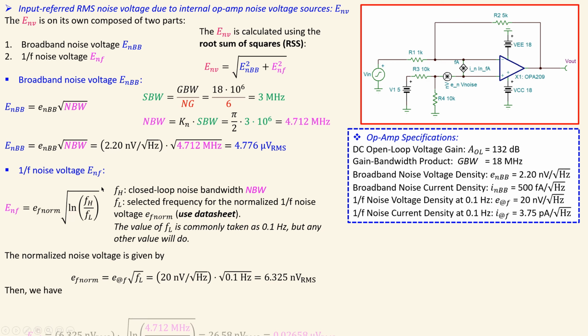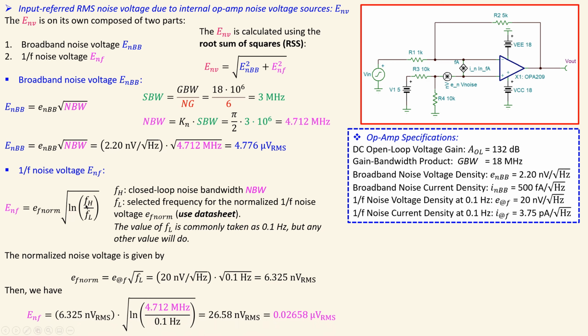If you do the math yourself, for FH, which is the noise bandwidth, you will get 26.58 nanovolts RMS. If you convert that to microvolts, that will be this value. You can see already here that the contribution of the broadband noise is much larger than the 1/f noise. That will also be seen later in the final result for the contribution in this part.